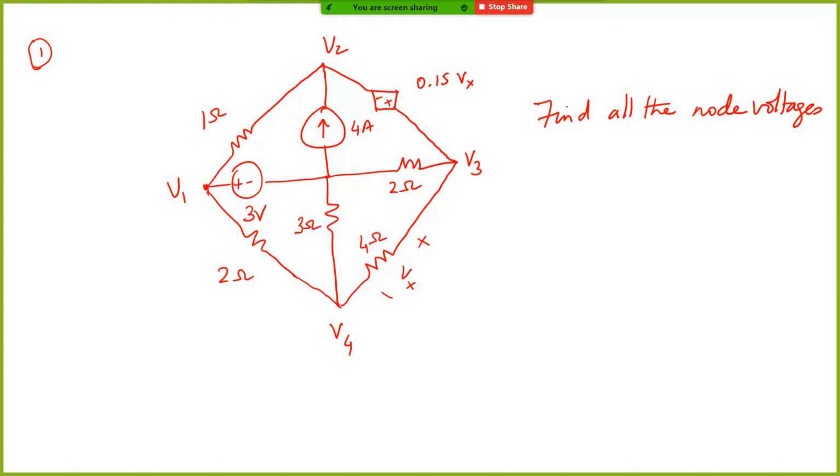V1 is fairly simple. You just have a voltage source there. So like yesterday, please work it out during the class time itself, and put your answers in the chat box.